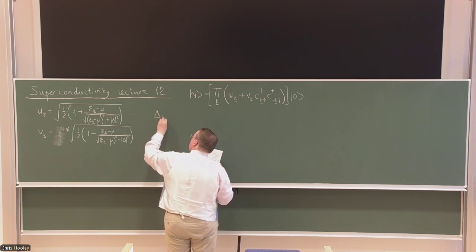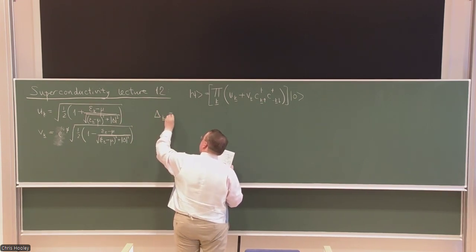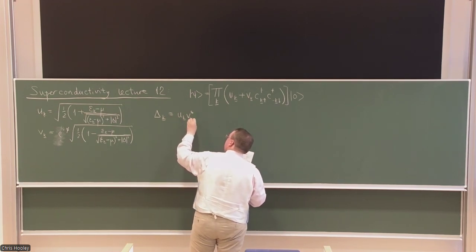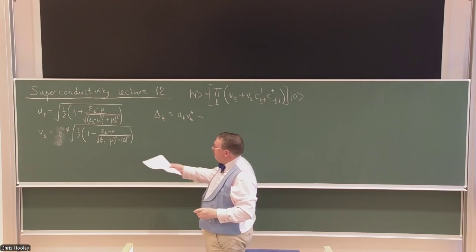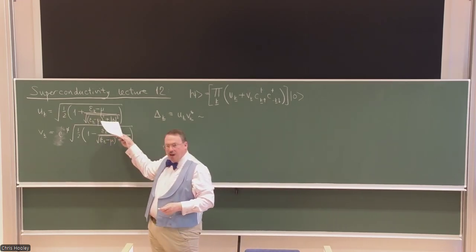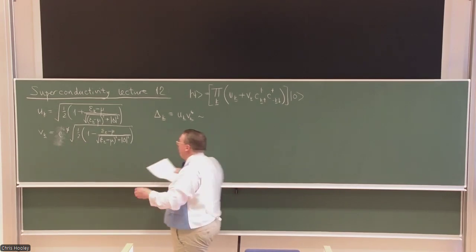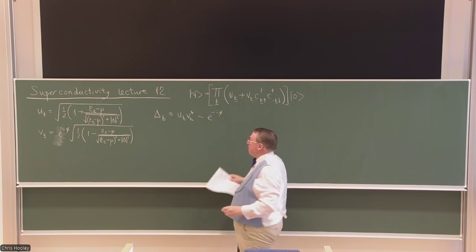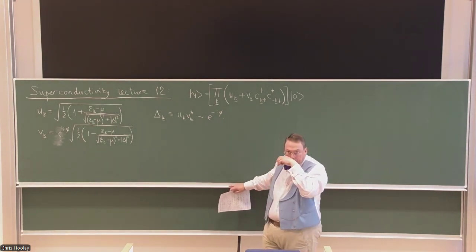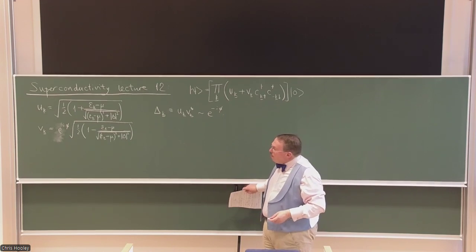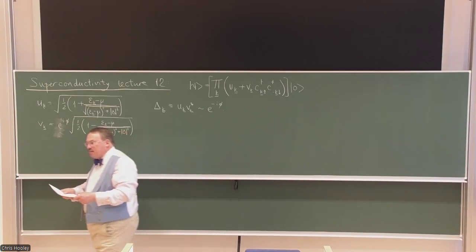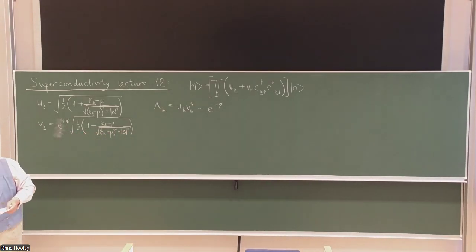So delta, if I define it locally at a given k, I might define as U_k V_k star. And so you can see that aside from all this real gunk that I would have to multiply together, the phase of this is just determined by the phase of V. And remember, this phase is not a gauge invariant object. So by writing a particular phase there, we are picking a gauge.